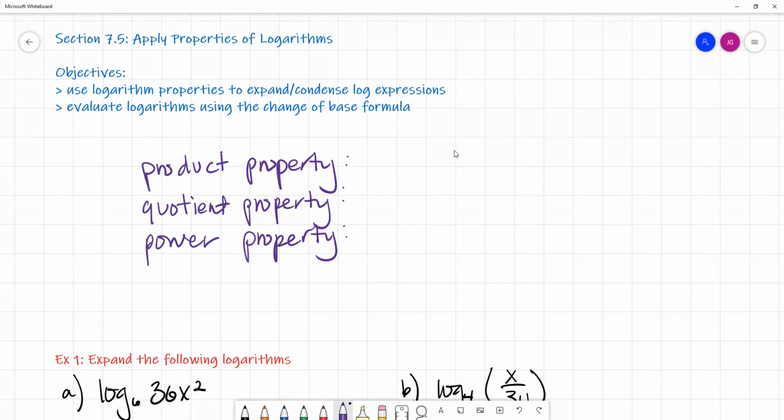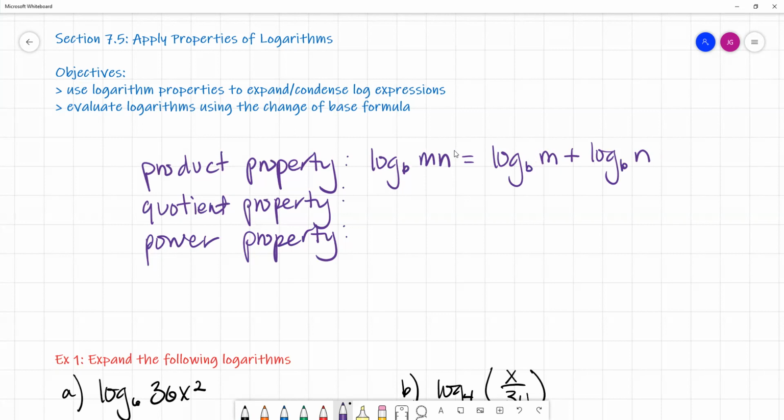So the product property, we have log base b of m times n, or sometimes you're just going to see it written as mn, okay? And that's inside the logarithm. We can rewrite that as log base b of m plus log base b of n. Now notice that these are two logarithms being added. This is not inside one logarithm.